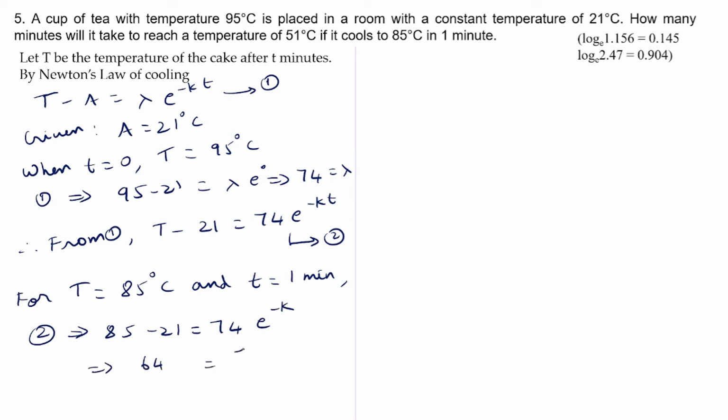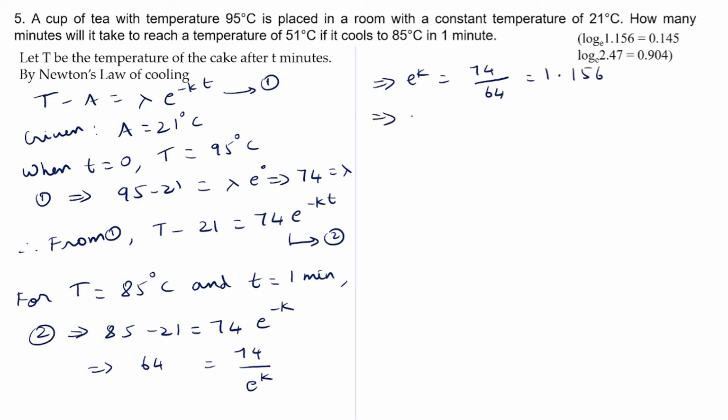So 64 equal to 74 e raised to minus k, which we can write as 64 equal to 74 by e raised to k. From this we get e raised to k as 74 by 64, the value of which is approximately 1.156.